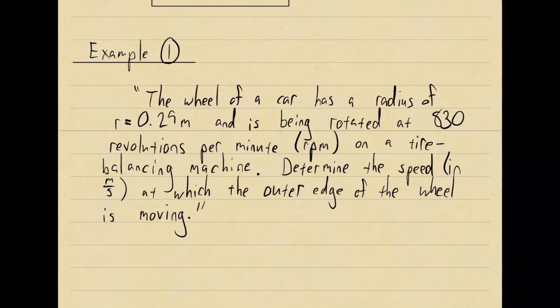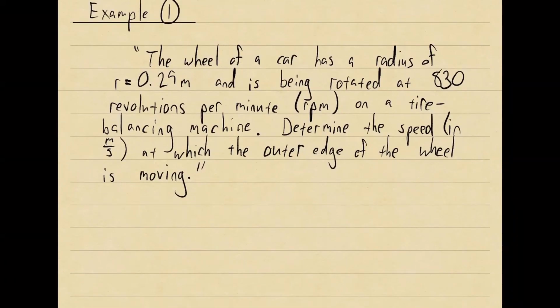Let's write down what we know. The speed of something undergoing uniform circular motion is 2 times pi times r, all divided by T, which is the period of the motion, how long it takes to go around once. The problem is asking us for the speed at which the outer edge of the tire is moving.